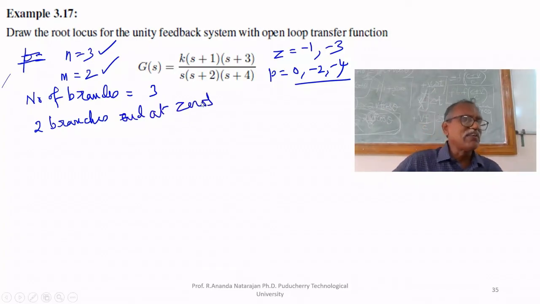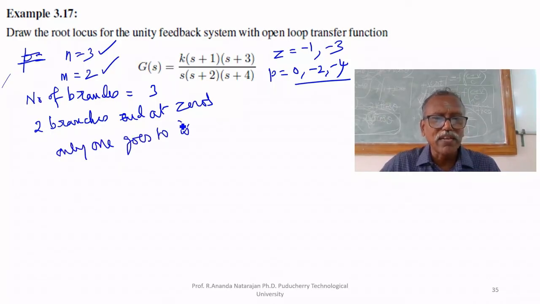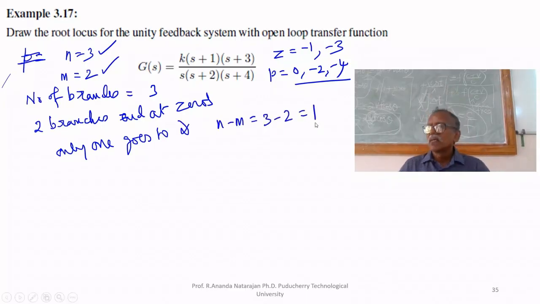How many will go to infinity? Only one, because n minus m equal to 3 minus 2 equal to 1. N minus m branches will end at infinity.